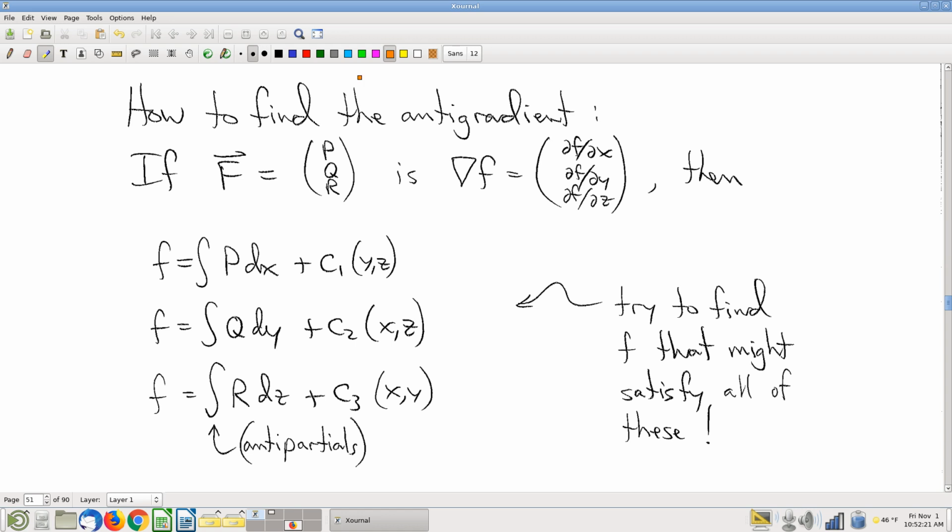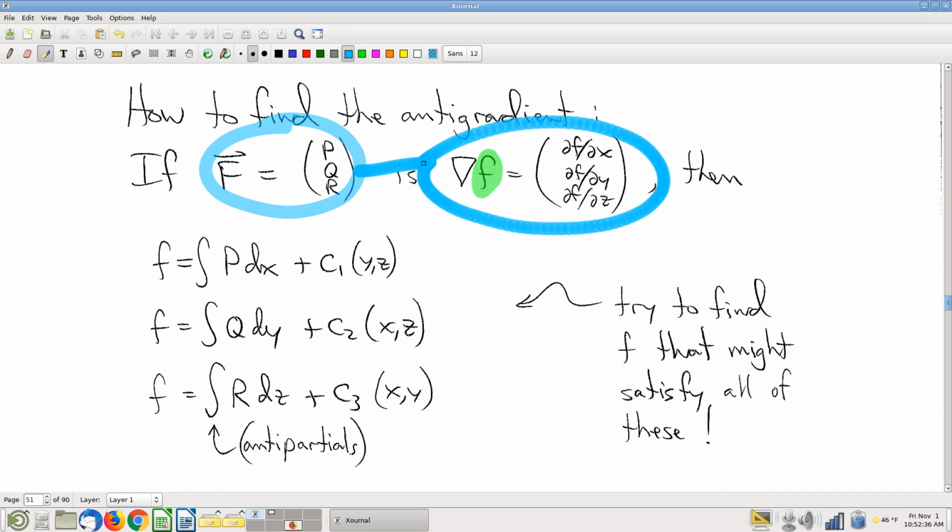If you have a vector field given to you, if you're looking at a line integral, there's the vector field whose anti-gradient I want to compute. The anti-gradient is the thing whose gradient is the same thing. If I want capital F to be the gradient of little f, then I need that thing on the left in blue to equal this thing on the right in blue.